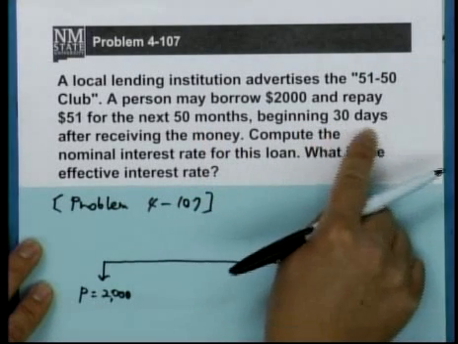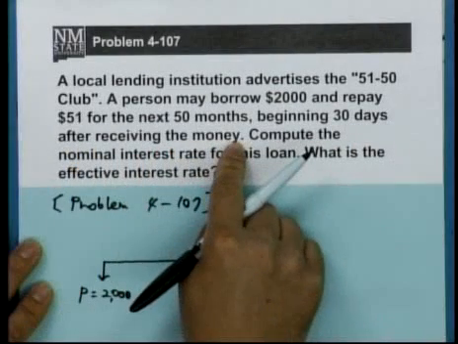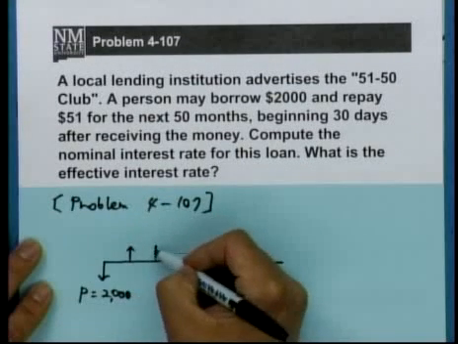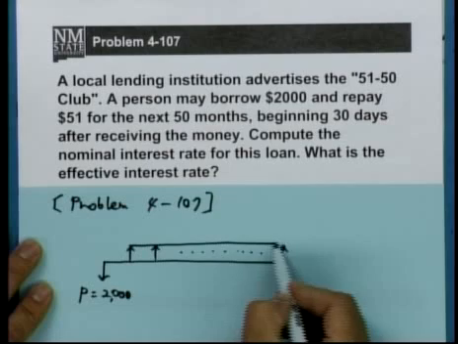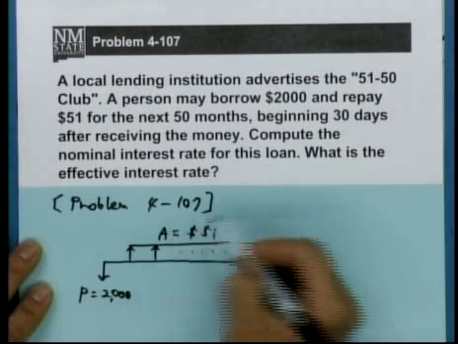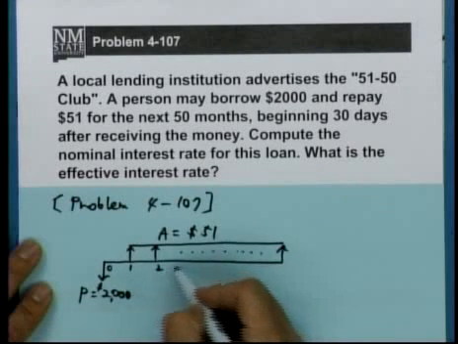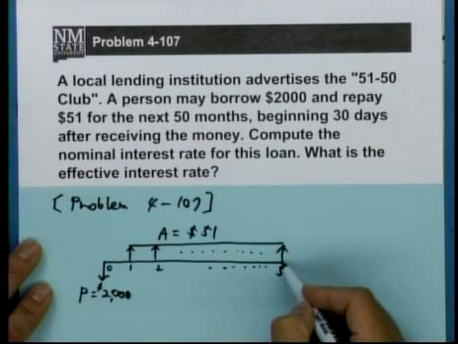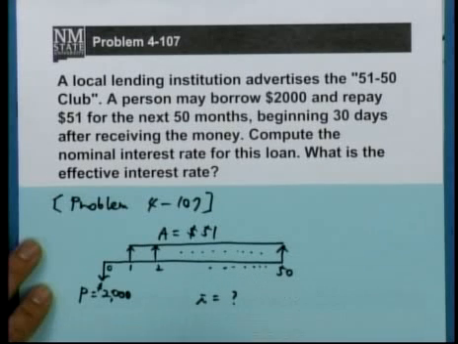Beginning 30 days is 1 month. Beginning 1 month after receiving the money. So you have uniform series of $51, right? 0, 1, 2 up to 50th month, right? And we want to know the interest rate, okay?